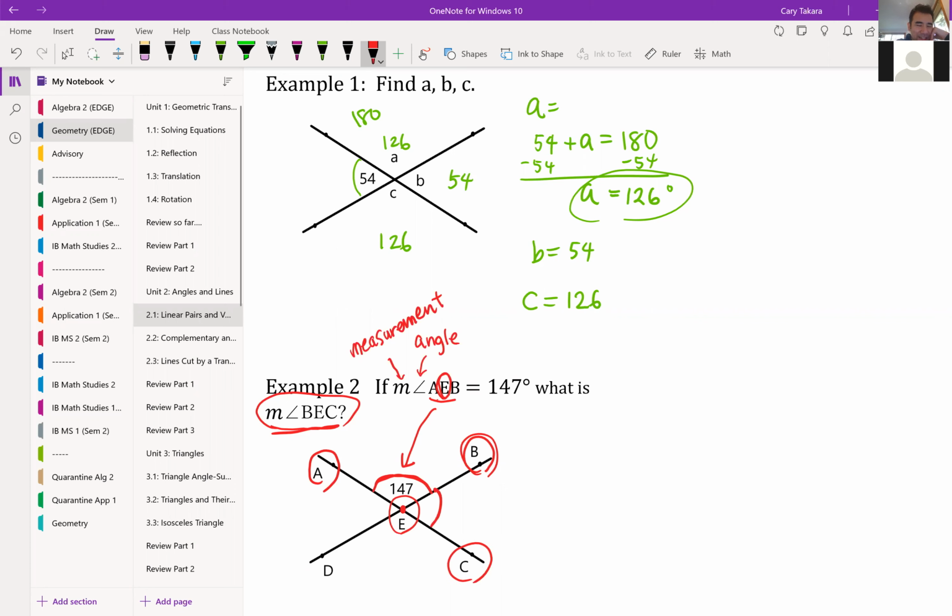That's right here. That's what we are after. Okay? So how do you do that? All right, some of you are pretty quick. Nice job, Logan. Anybody else? What do you think angle BEC is going to be?